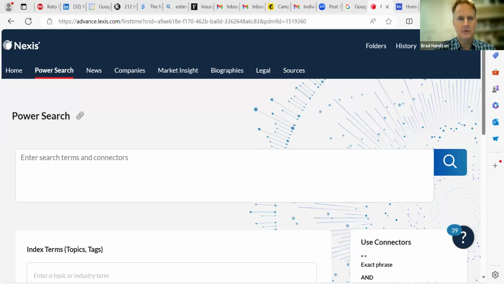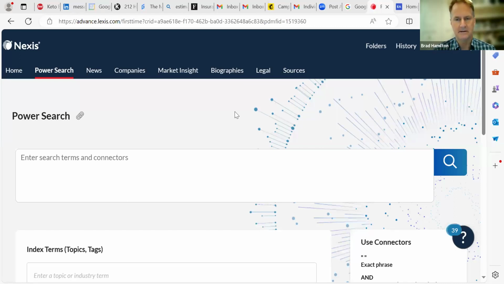All right, so the starting point is always going to be the power search page. You can see this tab over here, power search, and this is the page where you're going to do all your searches. Now, when you're searching for articles, there is a humongous number in here, many, many hundreds of millions of articles. They go back to the 1960s and 70s, and there's roughly 10,000 publications here.